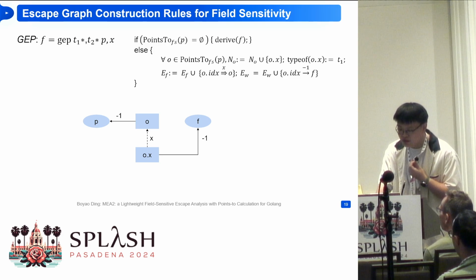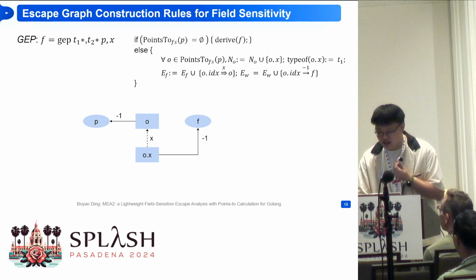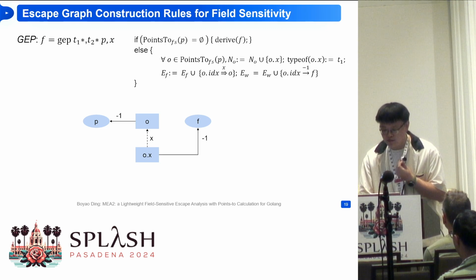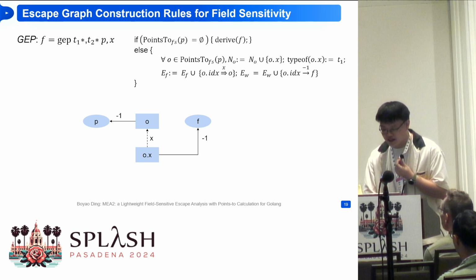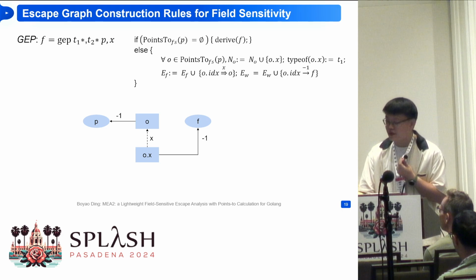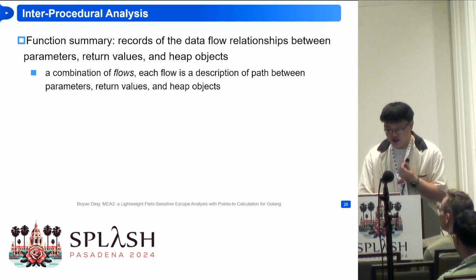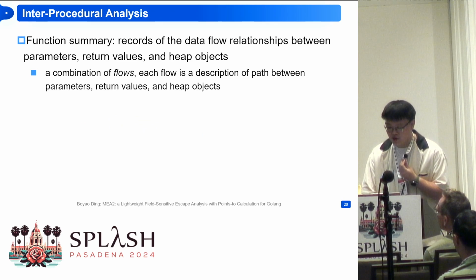When the points-to set of P is not empty, for each object O that P points to, we will create a new object node O.x and add a corresponding field edge to represent that O.x is the field at offset x of O. Additionally, we add a flow edge from O.x to F with a weight of -1. And as for inter-procedural analysis, MEA2 adopts a function summary-based approach.